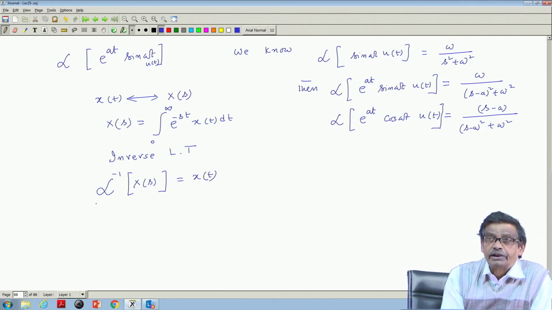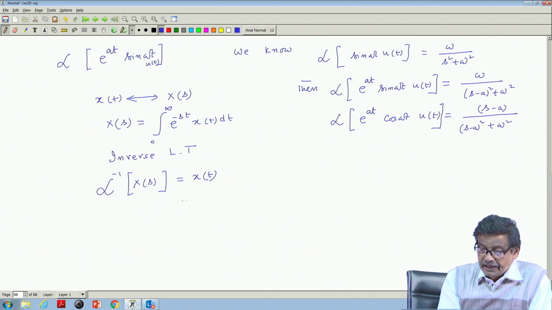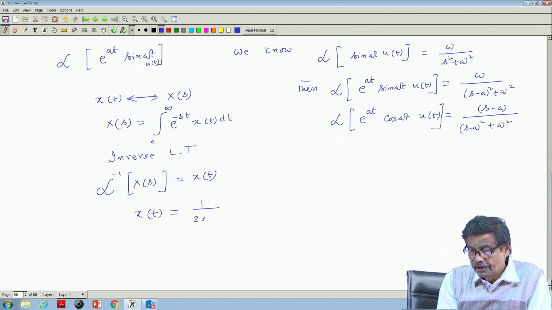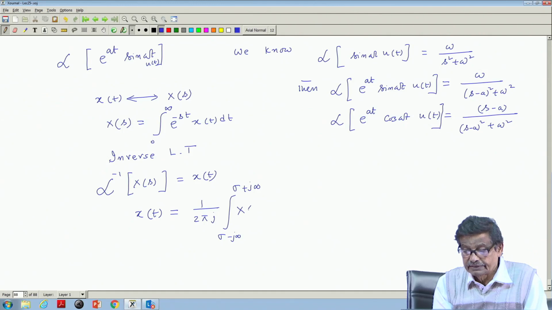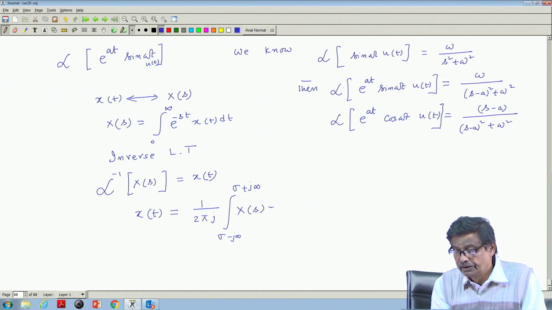Now, what is this operation, Laplace inverse? It can be shown that x t is equal to 1 over 2 pi j, integral from sigma minus j infinity to sigma plus j infinity of X s into e to the power s t d s.